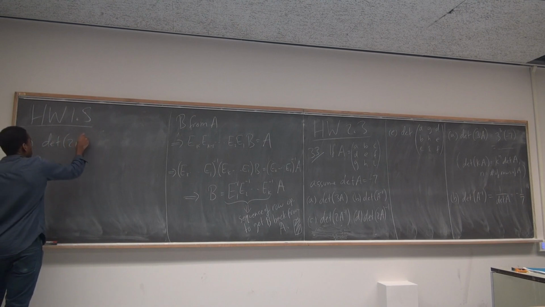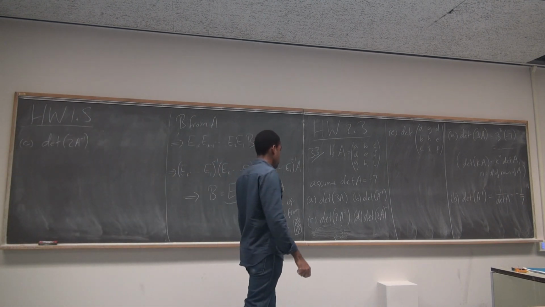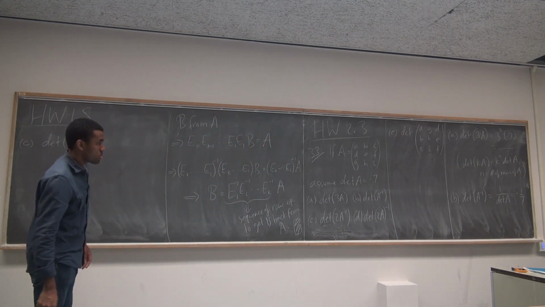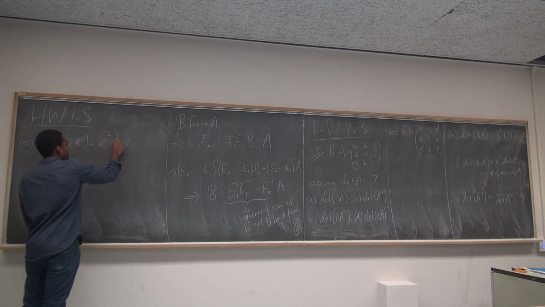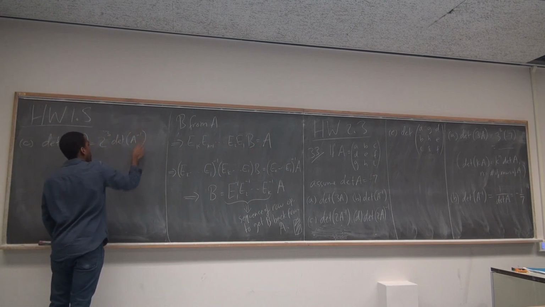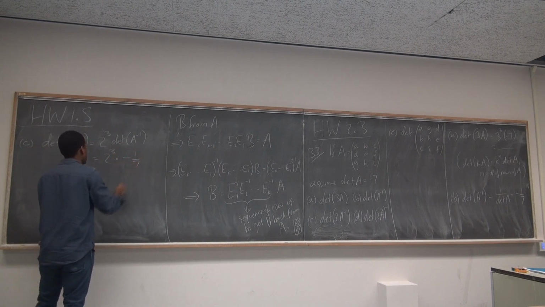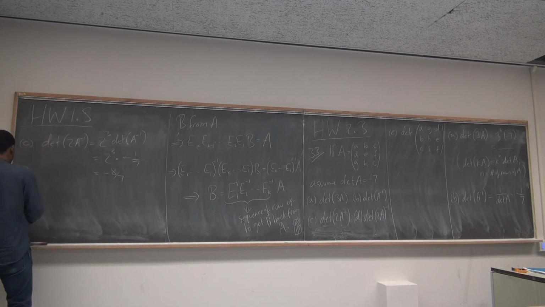Determinant of 2A inverse: 2 to the power 3 times the determinant of A inverse. That's going to be 2 cubed times -1/7, which is -8/7.